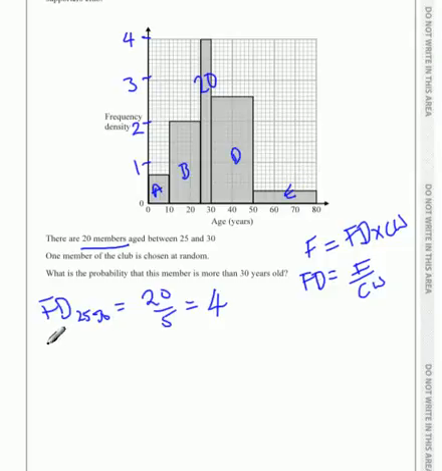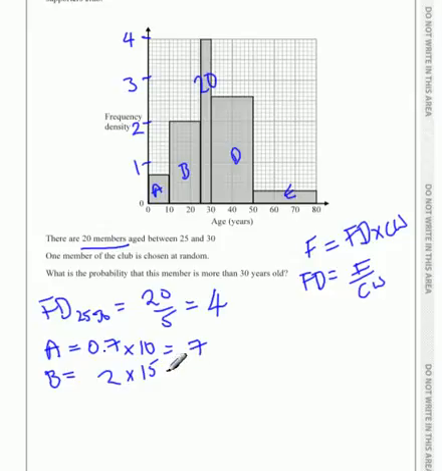So the frequency of A is going to be 0.7 for the frequency density times the class width of 10, which equals 7. B is going to be, we've got 15 for the class width and 2 for the frequency density. 2 times 15 is 30.